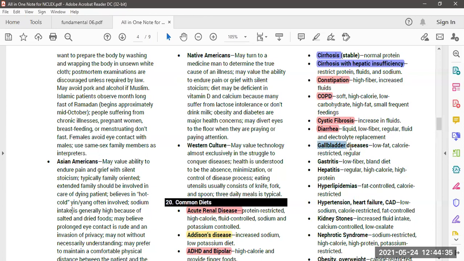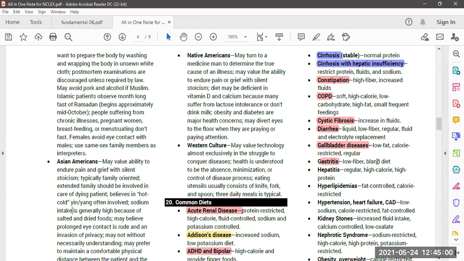In case of gallstone, gallbladder disease like cholelithiasis, give them low fat and calorie restricted. In case of gastritis, means stomach problem, low fiber and blend diet.